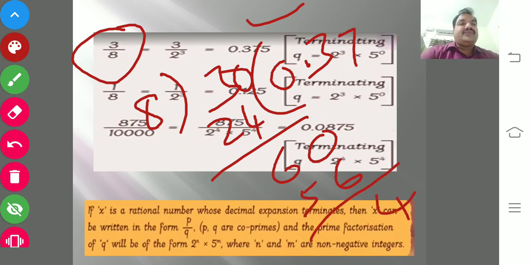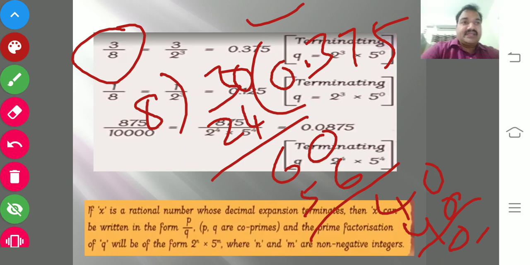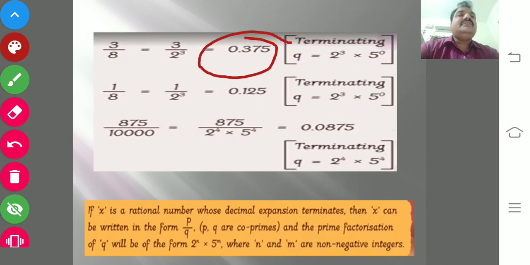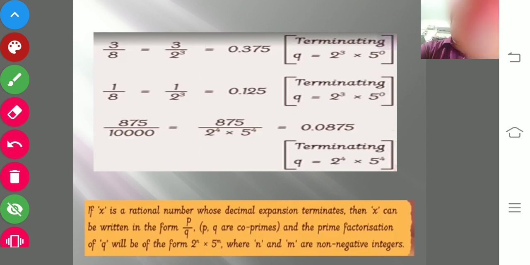Here you got 4, add 0. 8 5s are 40. So with the long division method also, you can convert the rational number into decimal form. You got 0.375. If you go with 1 by 8 also, you will get 0.125.